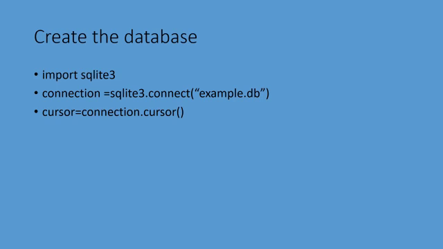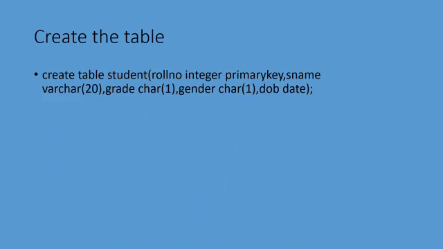I am connecting through the connect method. Next, cursor is equal to connection.cursor. So now I am assigning the cursor like connection.cursor so that it can traverse through the example database.